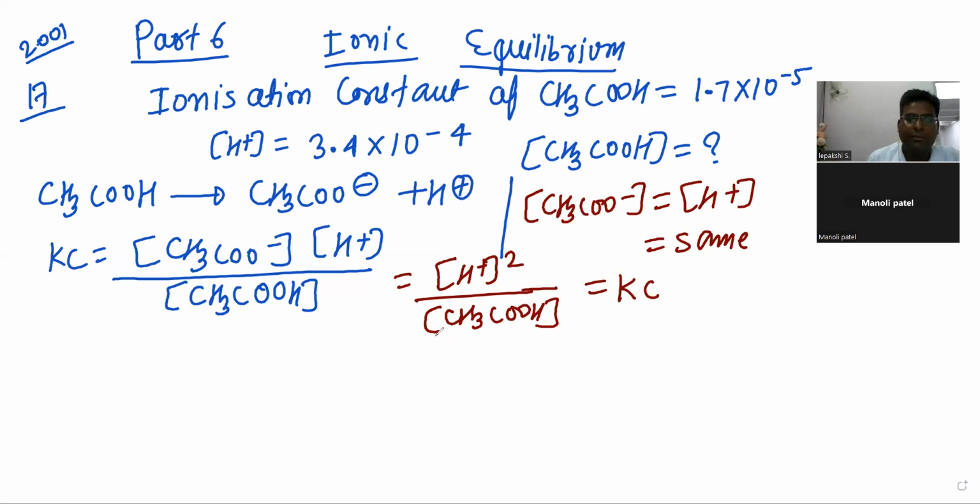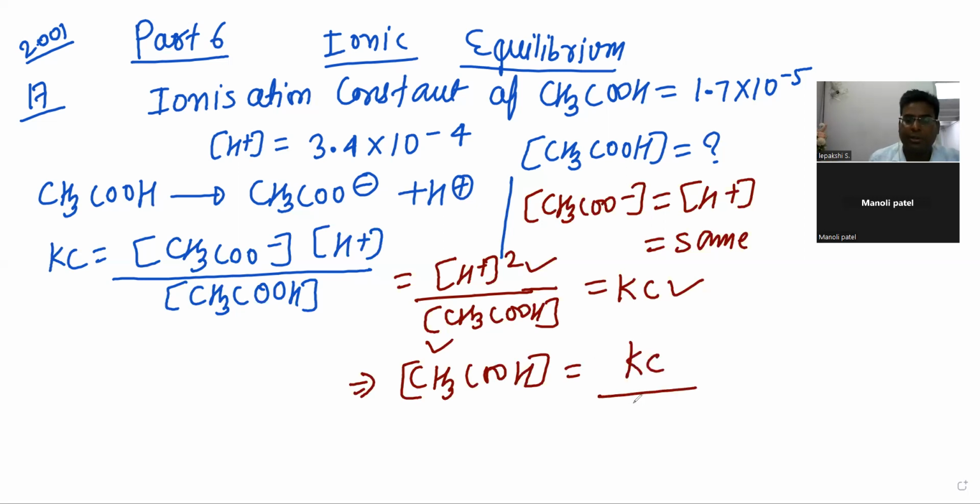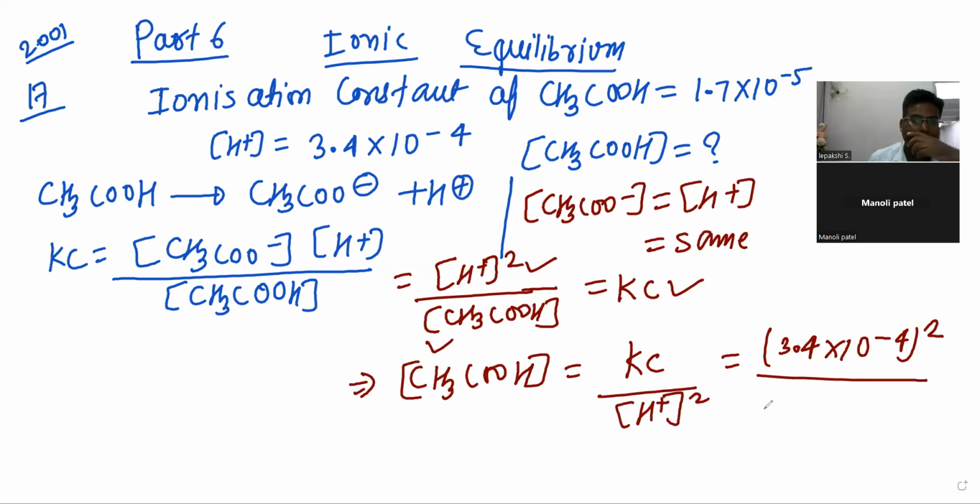Now we don't know the acetic acid concentration, but we know the other two. So putting the values, CH3COOH concentration is Kc upon concentration of H plus ion square.